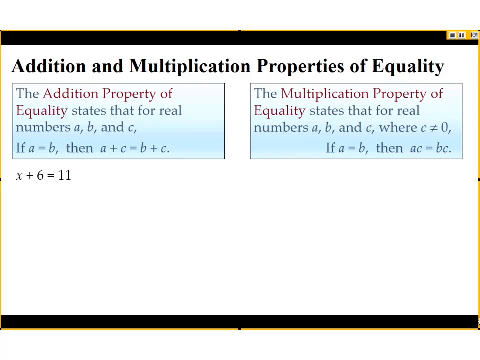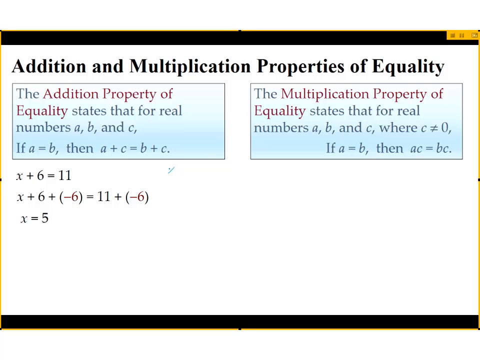In other words, you subtract 6 from both sides, basically. It looks like you're adding negative 6 to both sides of the equation. So you subtract 6 from both sides of the equation to isolate x. So x is equal to 5. Another way to look at it is that sometimes in some books, they say you move this 6 to the other side of the equation. Have you heard of that before? When you move a term from one side of the equation to the other side, its sign changes to its opposite sign.